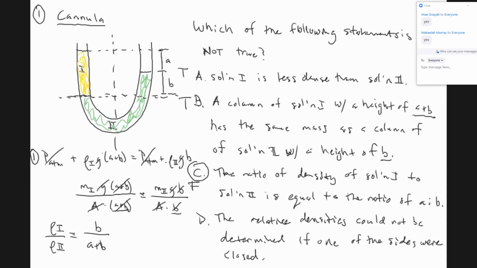So you end up with what I have here: density of solution 1 to density of solution 2 is equal to B over A plus B. I'm literally doing algebra to get that from equation 1. So isolate density of solution 1 divided by density of solution 2, because that's what gives us a ratio. Ratios are what? Division, right?